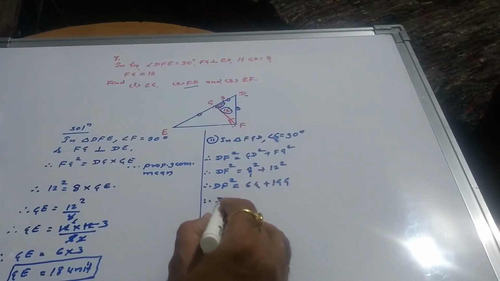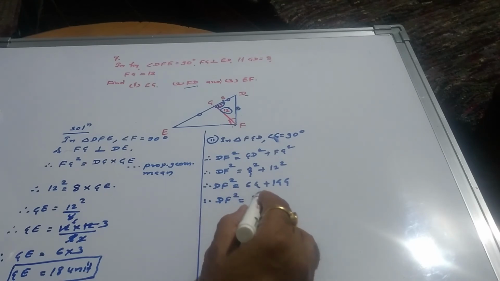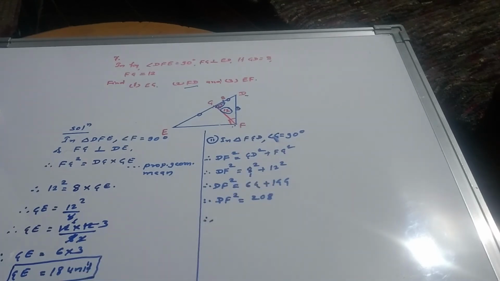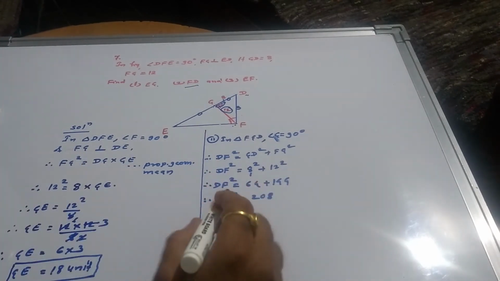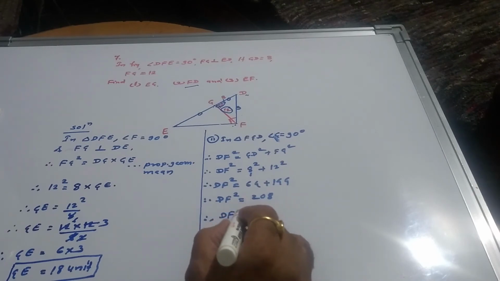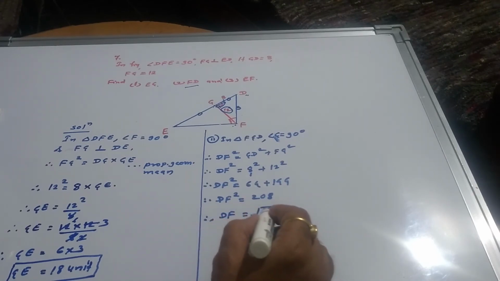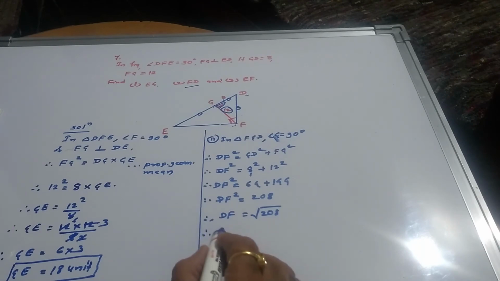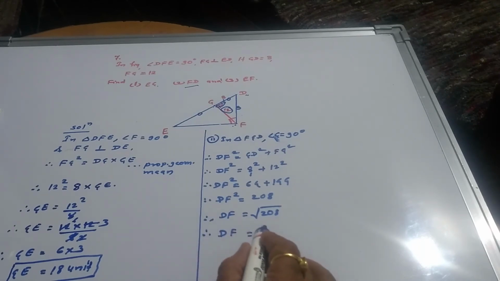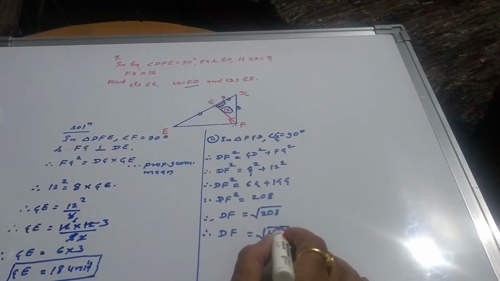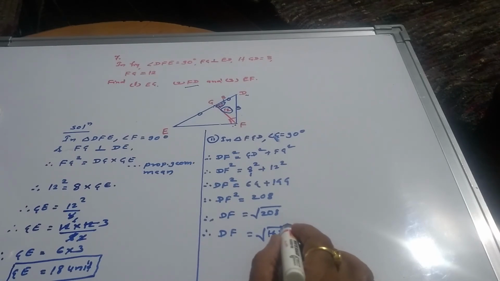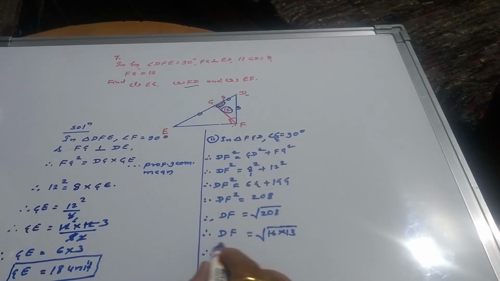Therefore DF square is equal to 208. Therefore DF is equal to under root of 208. Therefore DF is equal to root of 16 into 13. So DF is equal to 4 root 13.